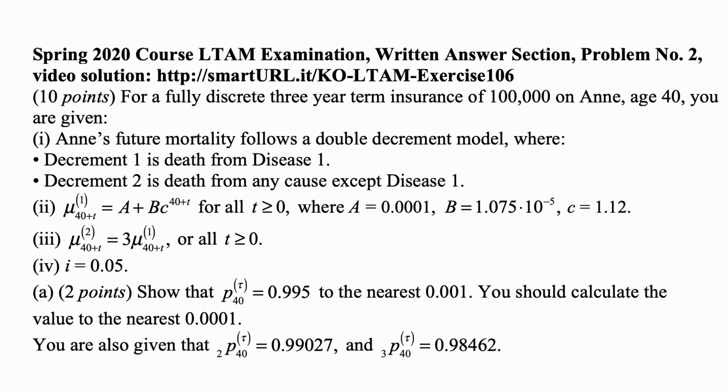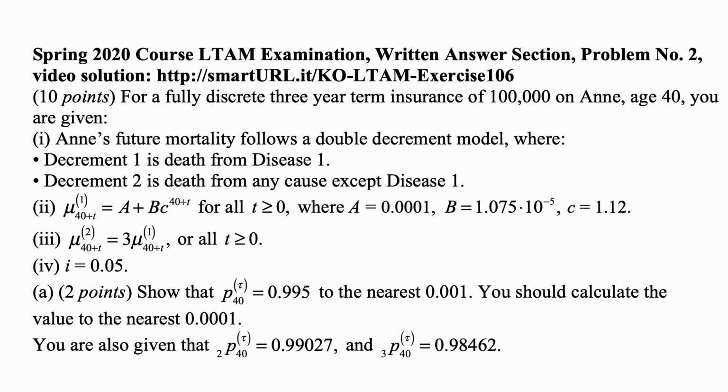And the force of mortality due to disease 1 is of the form A plus B C to the power 40 plus t, for age 40 plus t for all t greater than or equal to 0, where A is 0.0001, B is 1.075 times 10 to the negative 5, and C is 1.12.